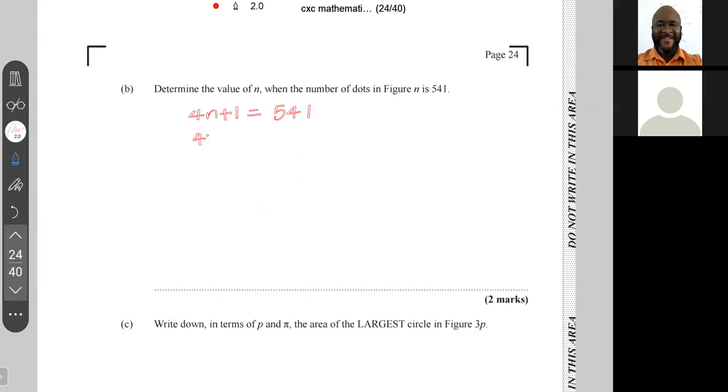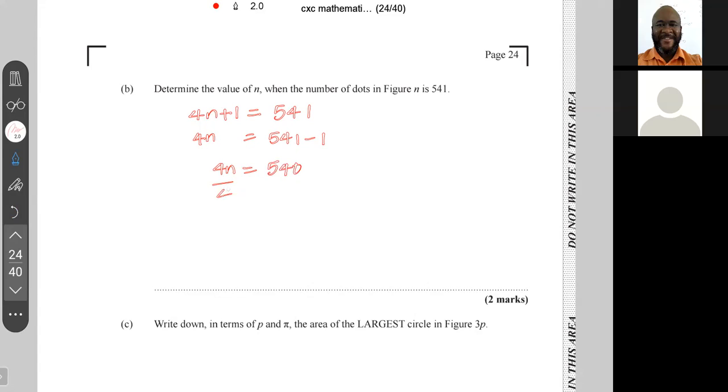So 4n plus 1 equals 541, 4n equals 541 minus 1, so 4n equals 540.